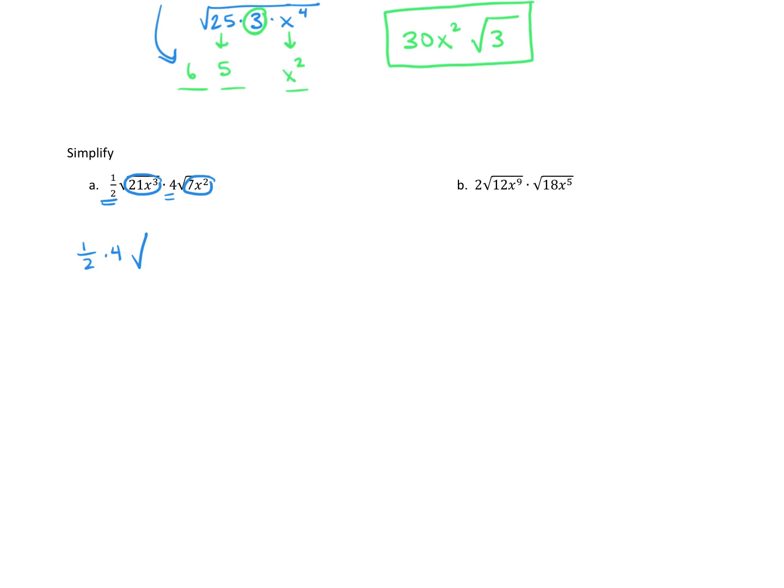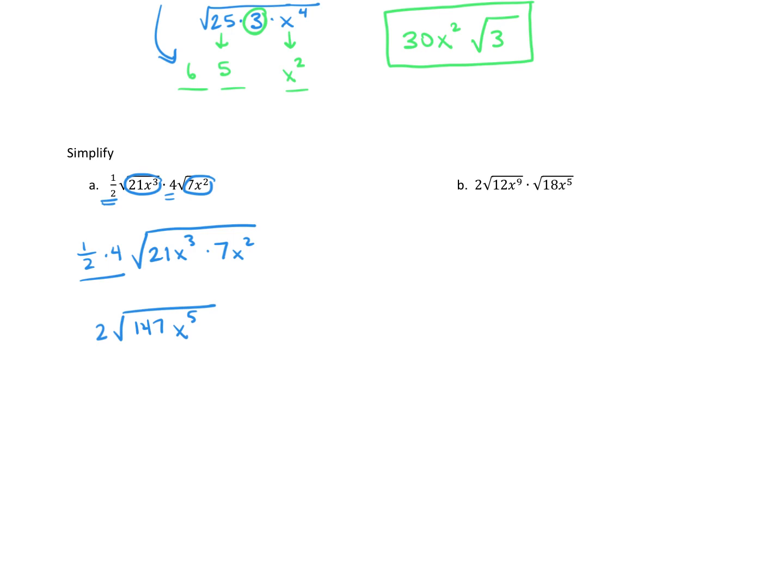Those go underneath the radical together with multiplication: 21 x to the third times 7x squared. Let's take care of some of this multiplication. 1/2 times 4 is 2. Square root of, we're going to multiply the 21 times the 7. That's going to get us to 147. And then x cubed times x squared. Add your exponents to get x to the fifth power.